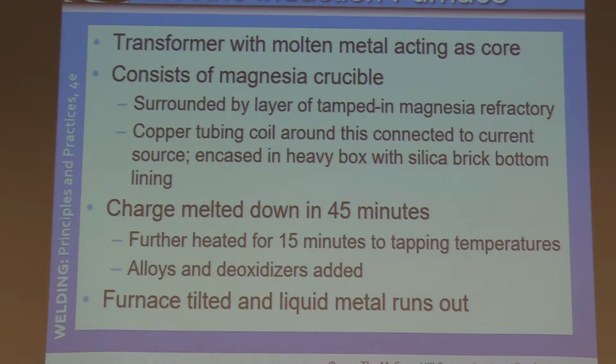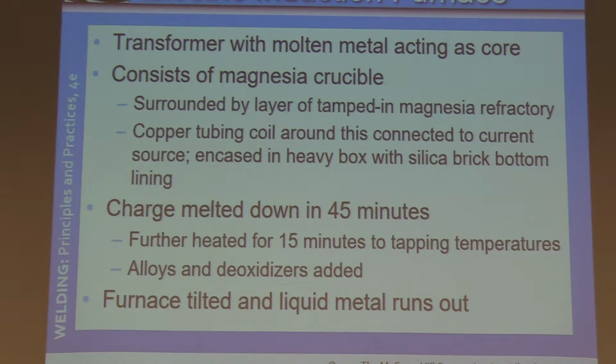The electric induction furnace. This is more of the common type today. Let's find it. Page 55, right-hand column, second paragraph down.